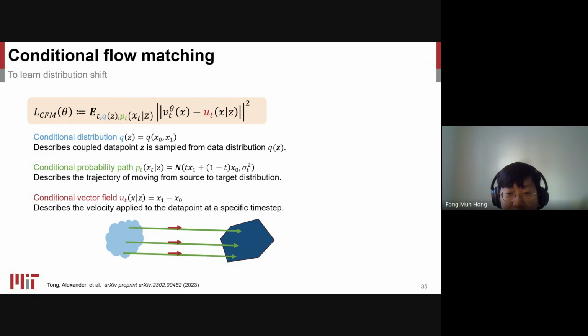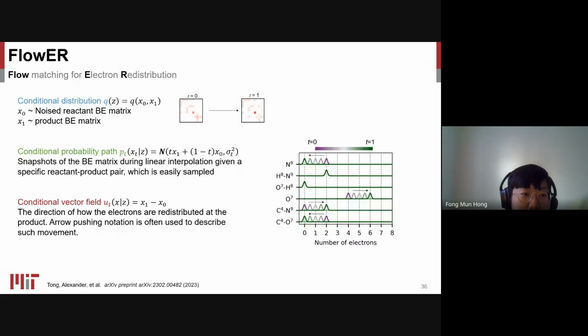Cool. So with that in mind, we now have a conditional distribution where we start from some prior over here, and then we have some target distribution here. This conditional distribution is required for the conditional flow matching loss formulation. In Flower we are treating it as going from the reactant bond electron matrix to the product bond electron matrix on the one end.